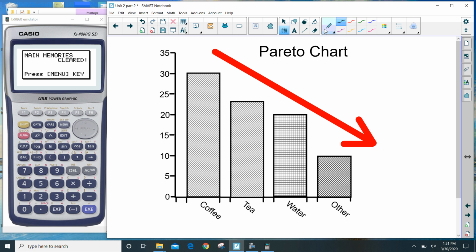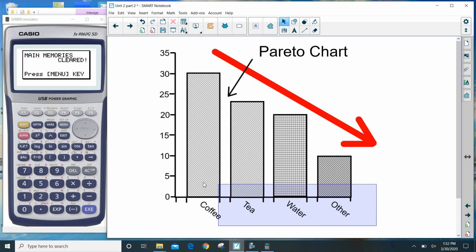And also notice that in these Paretos there is a gap in between each one of the bars. Okay, so there's a gap in between the bars, and that makes a Pareto. So also another thing that you'll notice is that these values down at the bottom here aren't usually numbers.